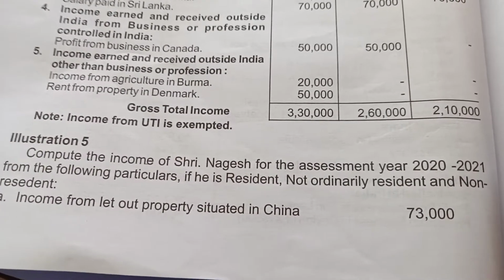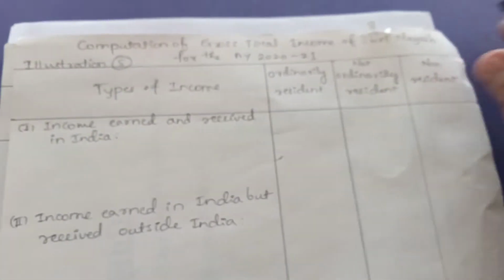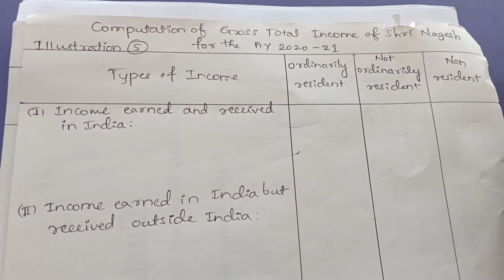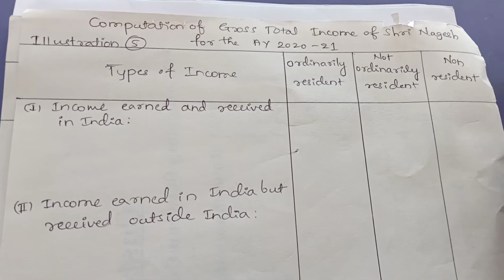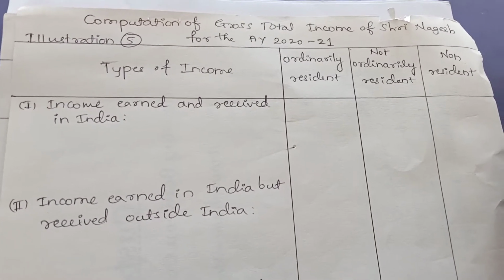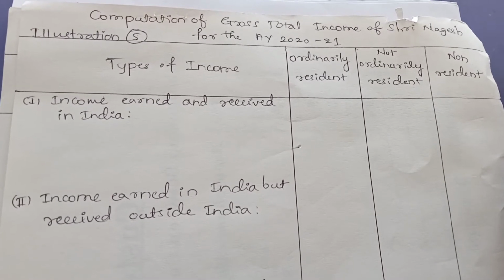Before you solve this problem, you need to prepare one format, the computation of the gross total income of Sri Nagesh for the assessment year 2020-21, and there will be 4 important columns. First head is types of income. Next, ordinary resident, not ordinary resident, as well as the non-resident.